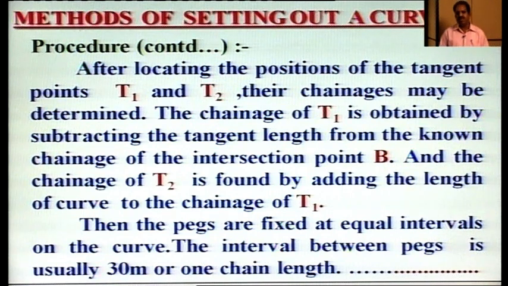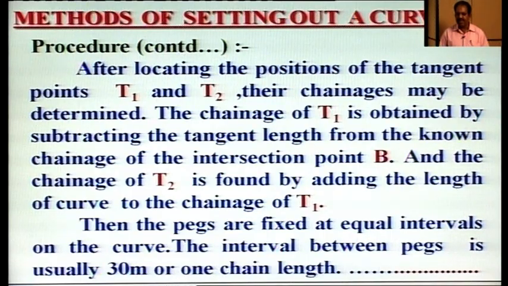The chainage of T1 is obtained by subtracting the tangent length from the known chainage of the intersection point B, and the chainage of T2 is found by adding the length of curve, whose formula we have just studied, to the chainage of T1.